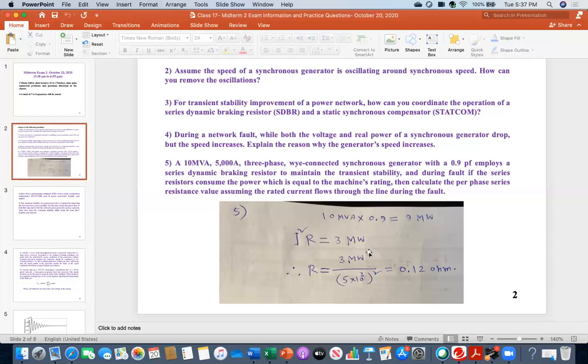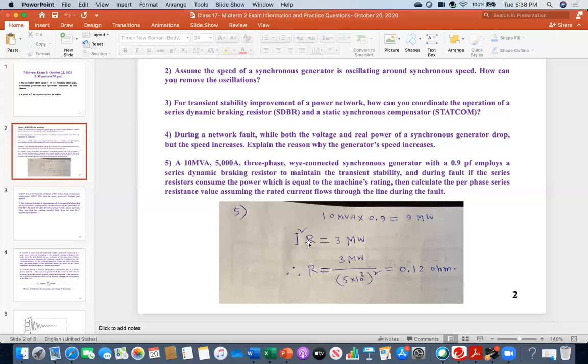I noticed some of you calculated the voltage by using this equation. But you see, the voltage is always between two points, right? Phase to neutral or line to line. So even though you say phase to neutral, this resistance is in series. So for a series circuit, current is applicable.